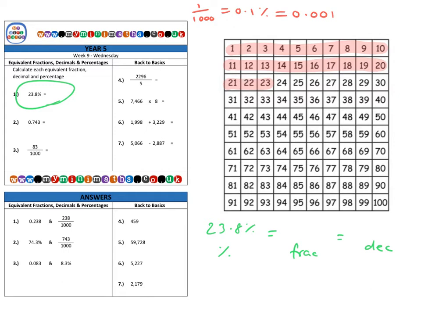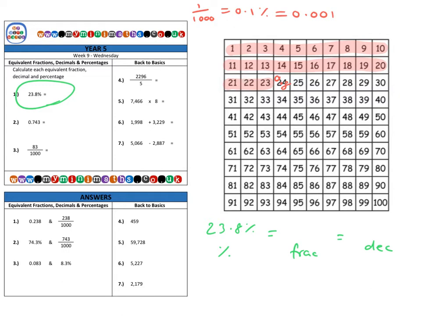And another way of me showing this, I could remove the shade and just put 0.8 there. So altogether we have 23 wholes and then the 0.8 next to the 23.